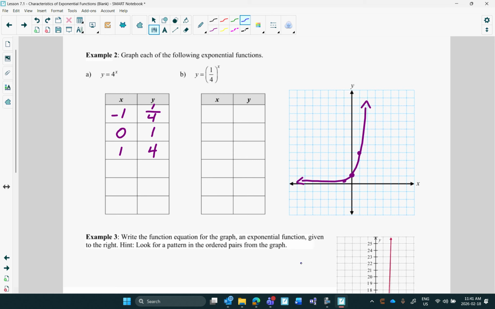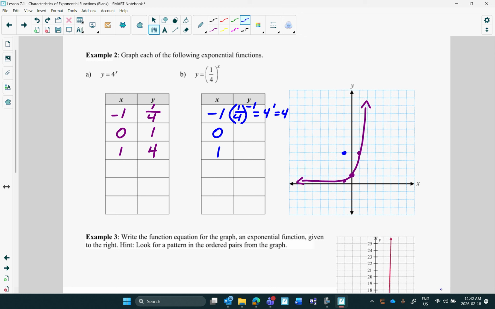But what if this is a fraction between 0 and 1? What is 1/4 to the -1? Flip and make this positive. So it's 4 to the +1, which is 4.